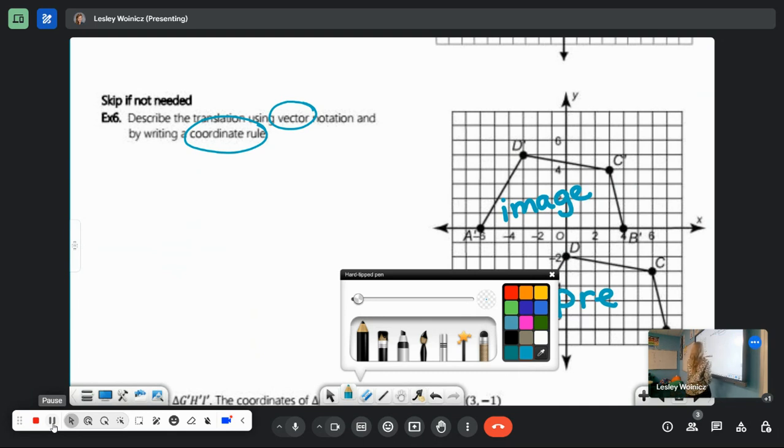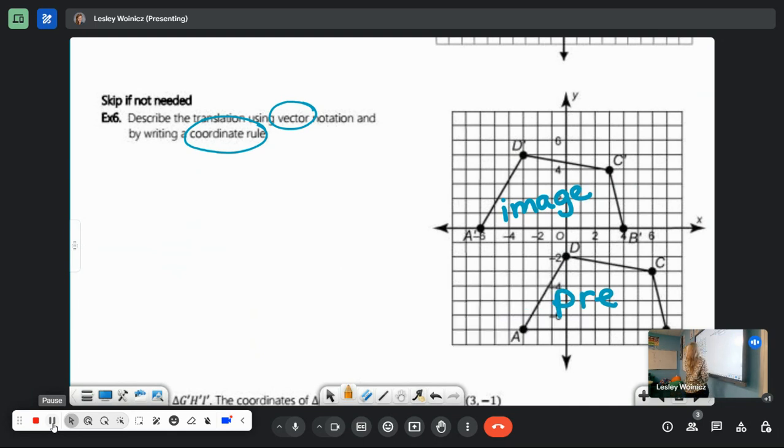So let's figure out what transformation happened. It doesn't matter which one because they should all be the same. Which one do you want to use? A? So A is going left 1, 2, 3 and up 1, 2, 3, 4, 5, 6, 7. So my vector is going to be left 3, up 7.